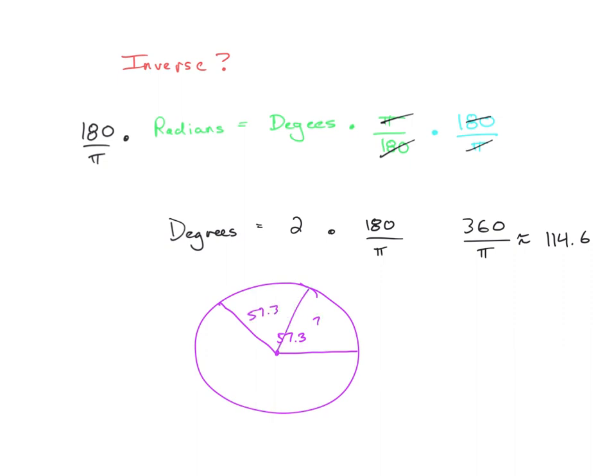So again, we're looking at this idea that this amount traveled with 2 radians should be about 20.